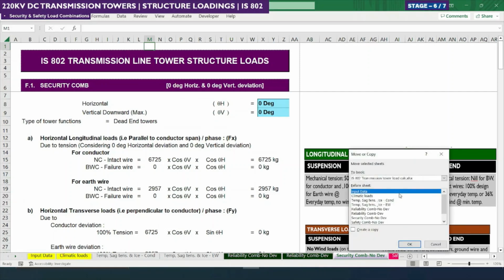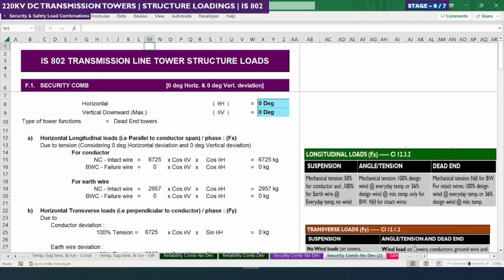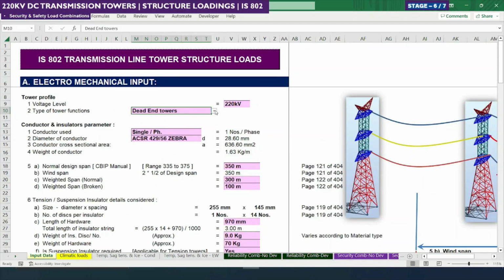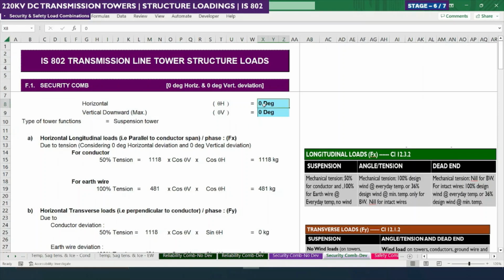So I am just copy pasting this calculation and placing it before the security safety combinations. So here we can edit this with the deviation. For dead end tower, we can consider the suspension tower first, which we are doing the calculation from the beginning.